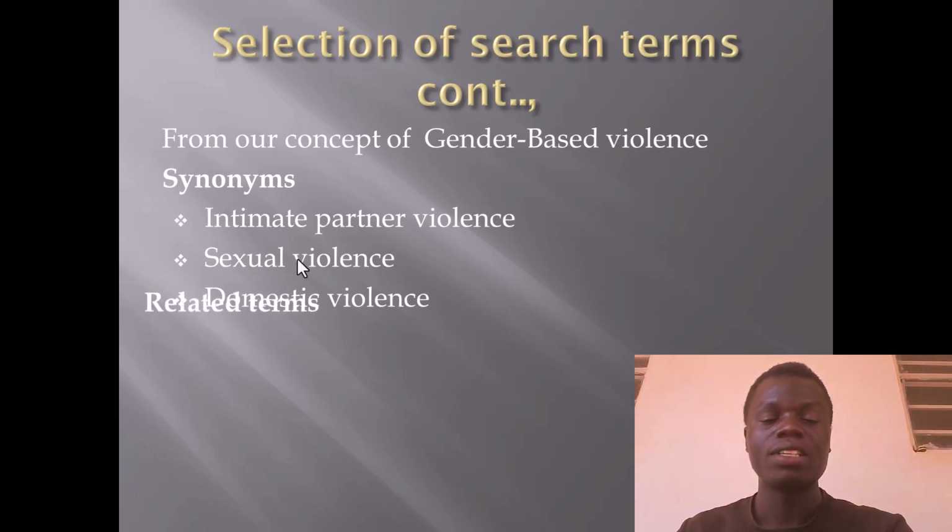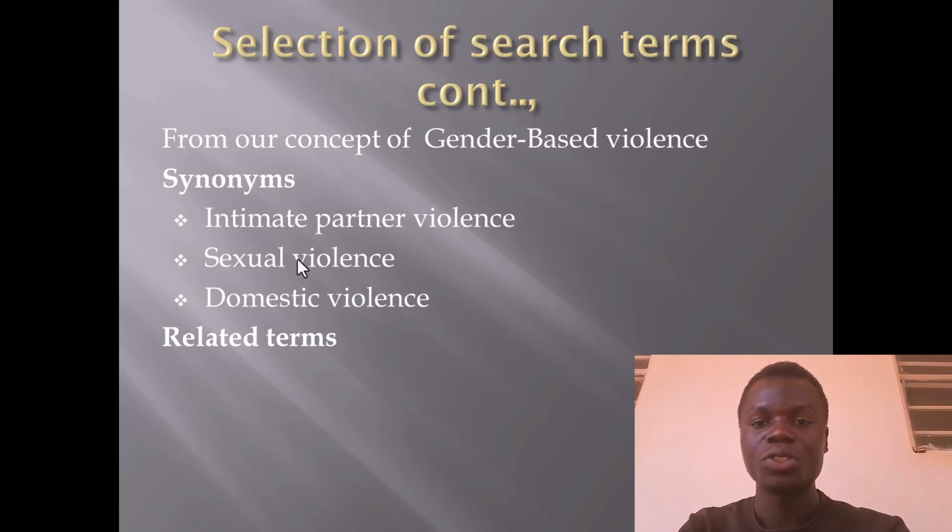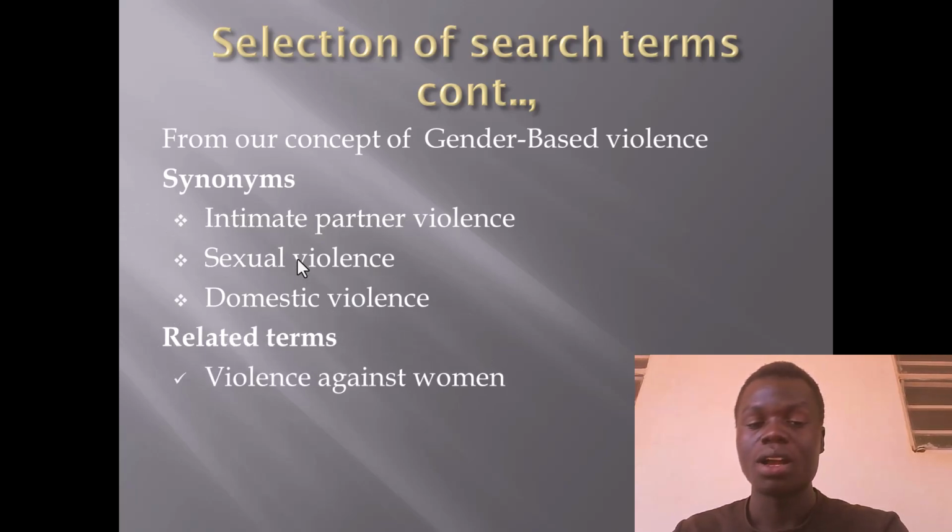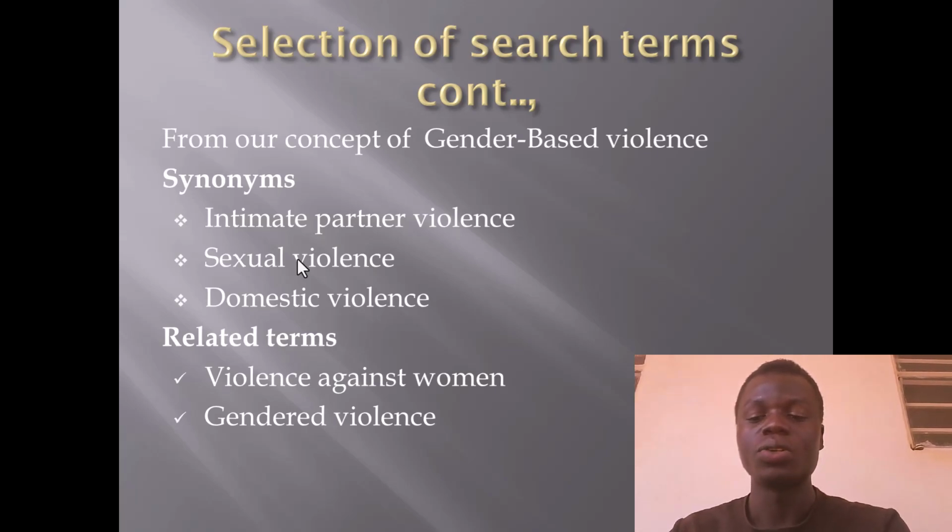Now for the case of related terms, we have some terms that you may use instead of the ones that have been highlighted in the question. You can use terms like violence against women. To narrow or widen your search, you can also use gendered violence, which is also efficient for your search.